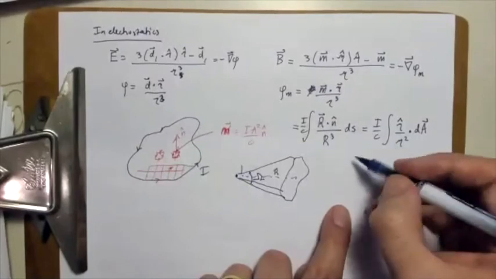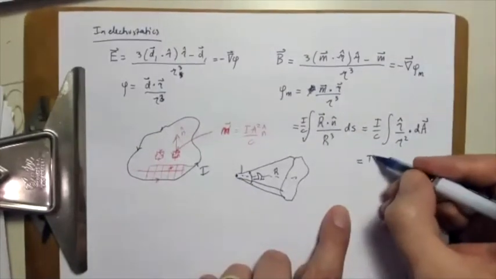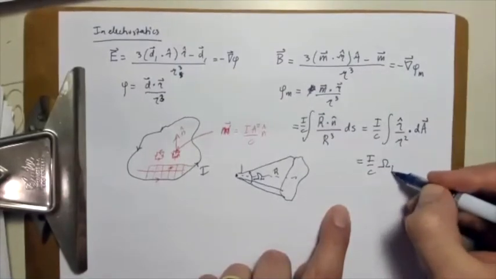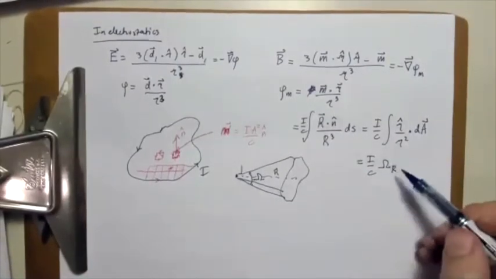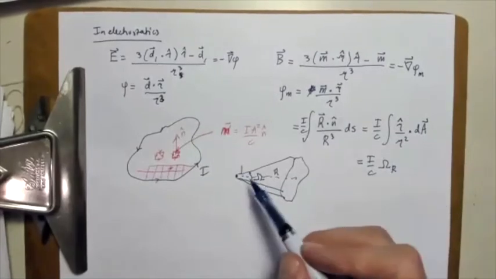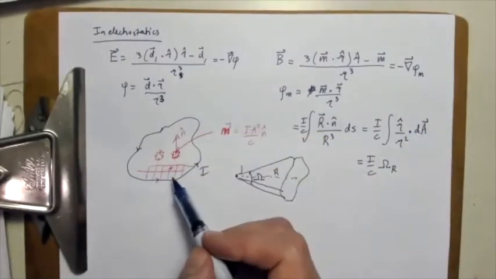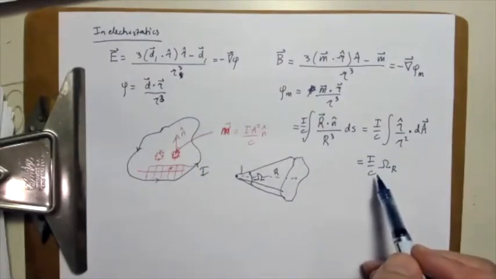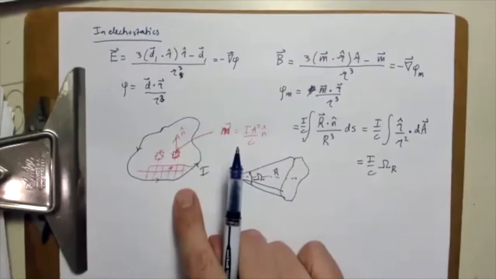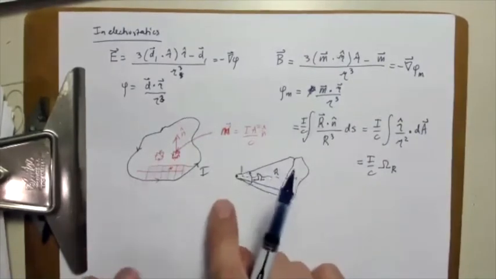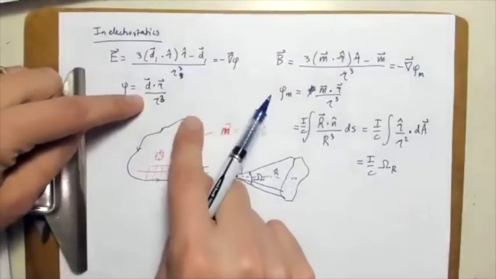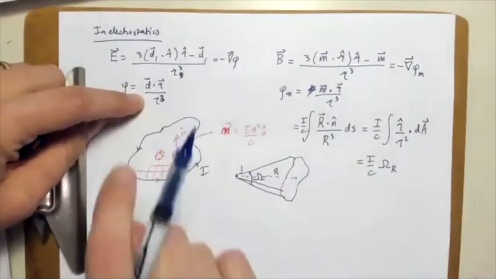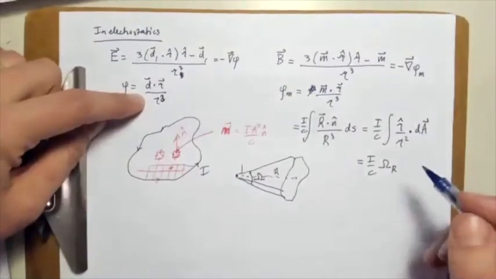So this is actually I over c times the solid angle seen from the point where you want to know what the magnetic field is. This is a remarkably simple expression. You can just eyeball what the solid angle is, and then you have I over c. That's your potential, and then you take the gradient, and you get your field.